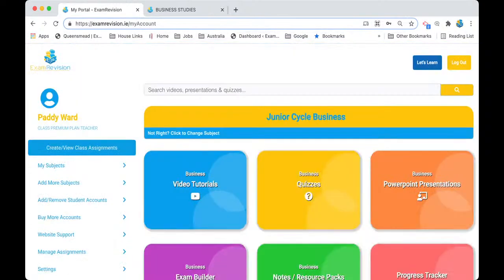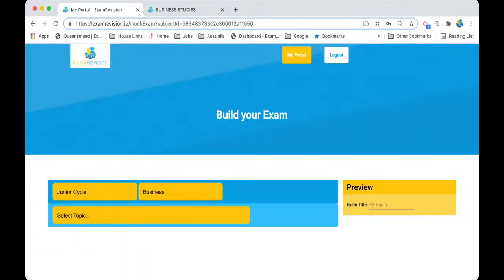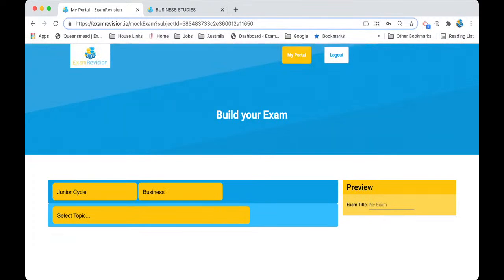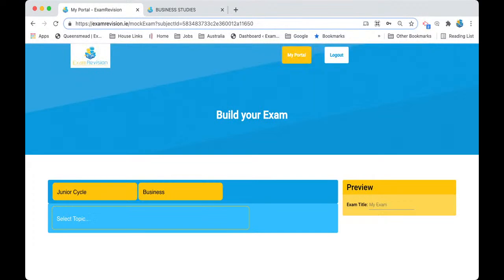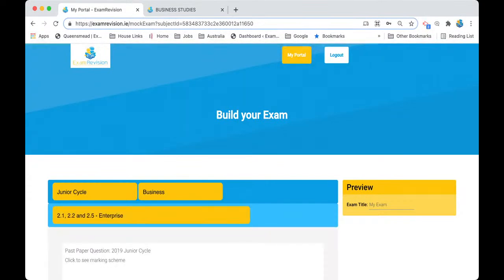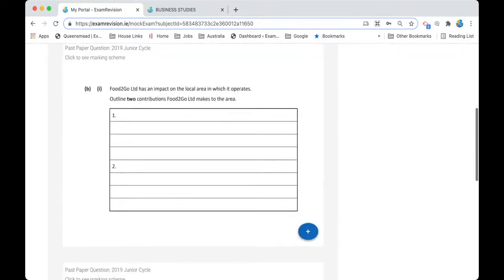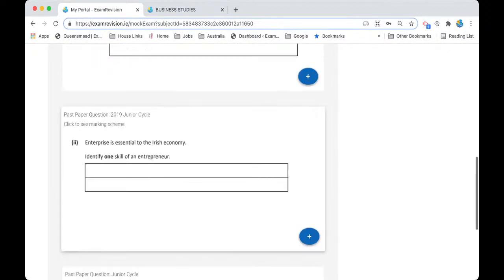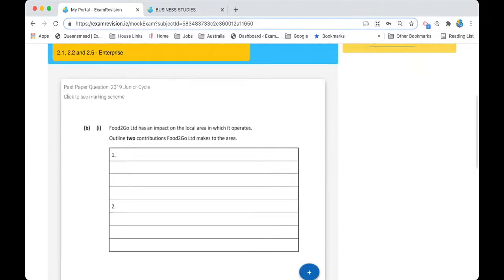And then finally, our exam builder function, and this is really good because it makes it really easy for you to go back and find exam questions on certain topics. Say if I was to go on to enterprise, here you can see that junior cycle business is a little bit different, because there's only been one junior cycle exam so far, as the exams were cancelled in 2020, so we only have one paper to go off.